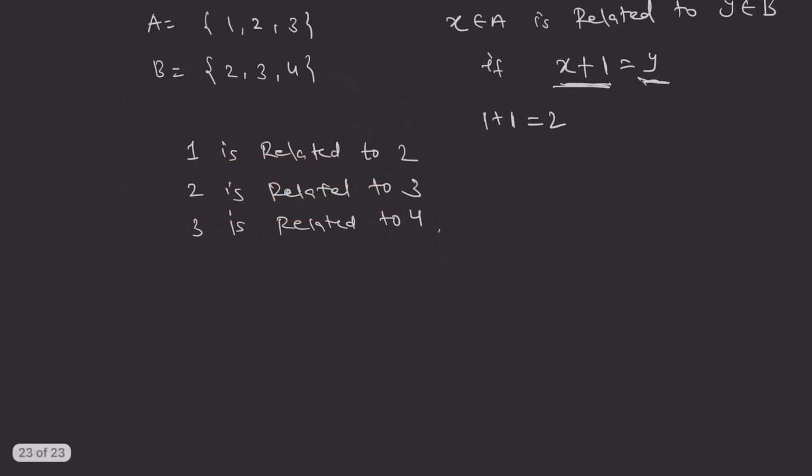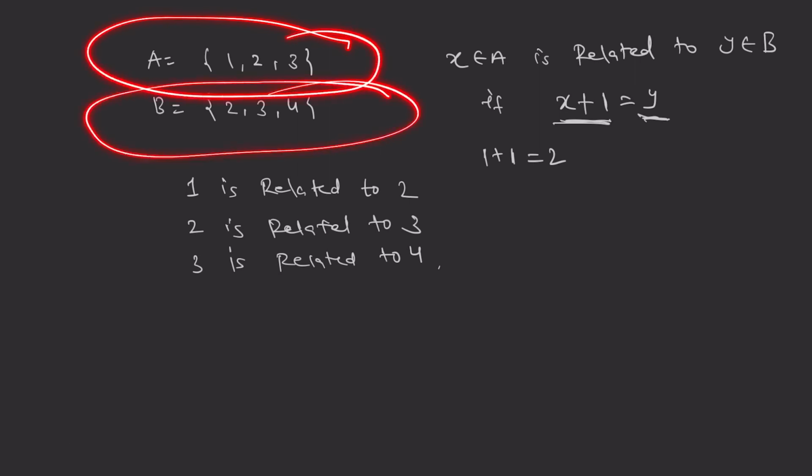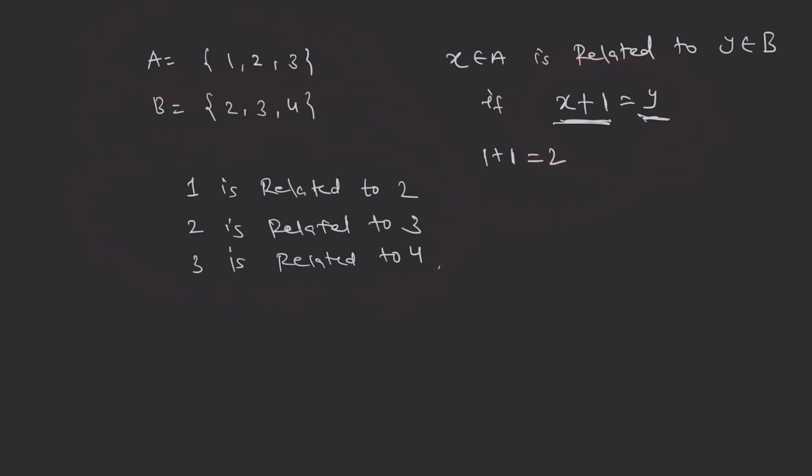Because I take elements from a set, and then I define a relation. This is the relation, but I have to put them in a set. If I don't put them in a set, then they don't make sense.